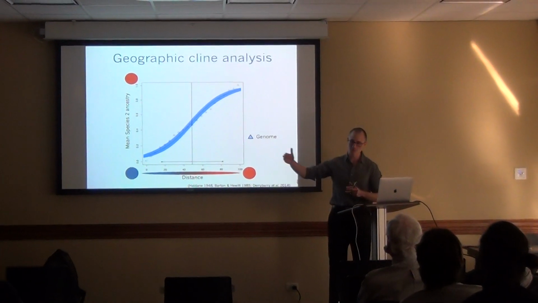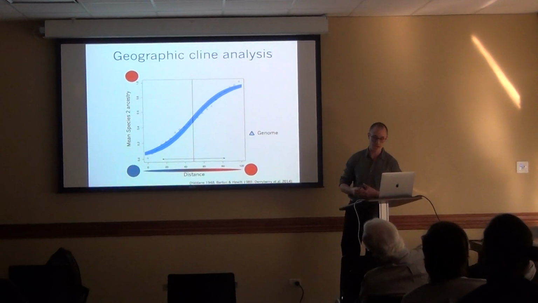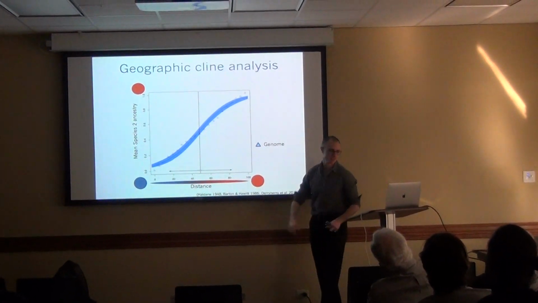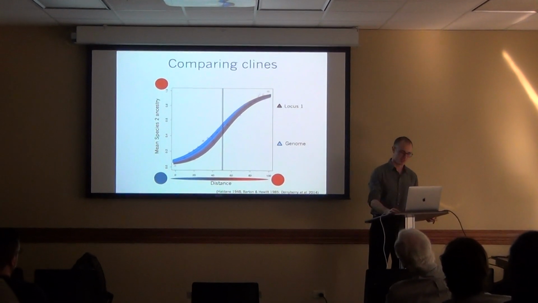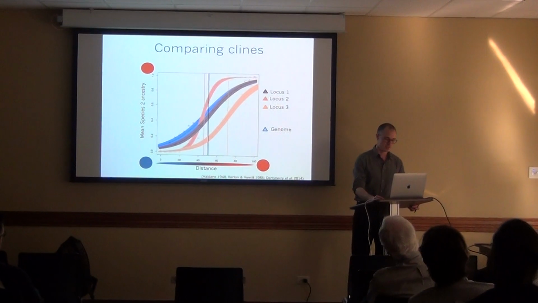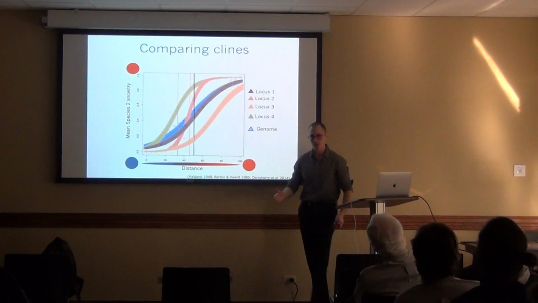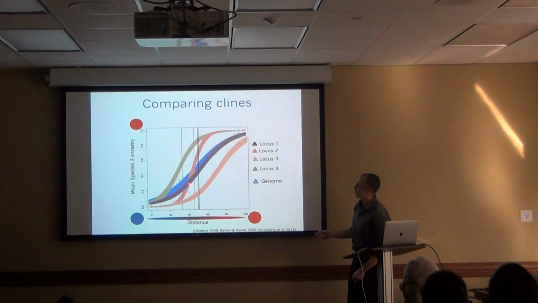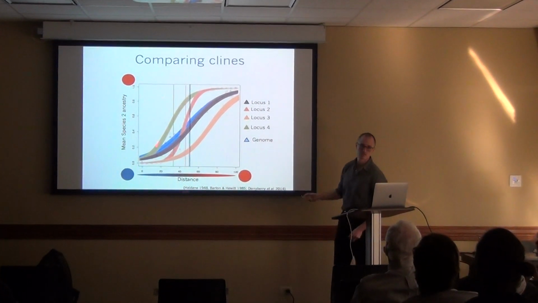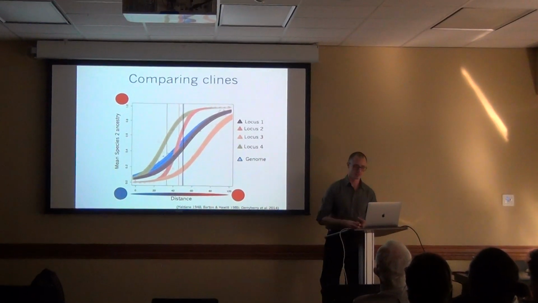We have multiple of them, and we get the average. So now using the average, we can overlap each one of our genes to see which ones are having a lot of introgression and which ones are not, or having reduced introgression.